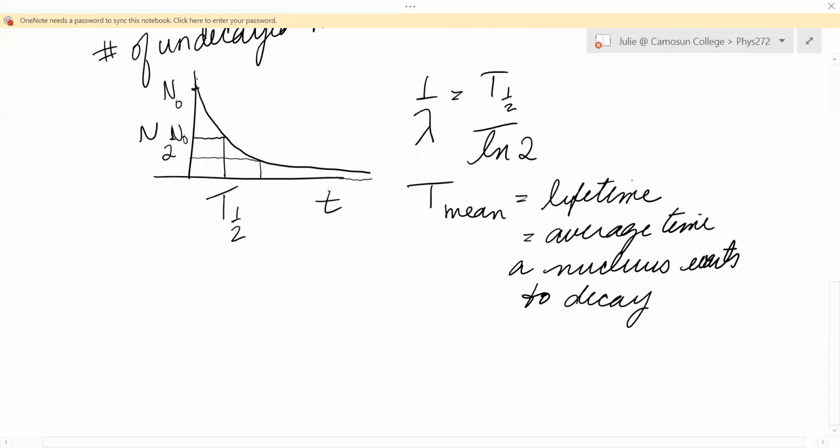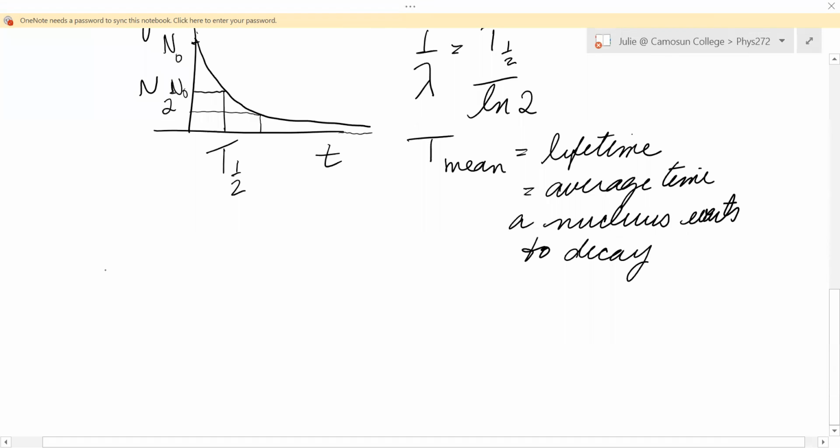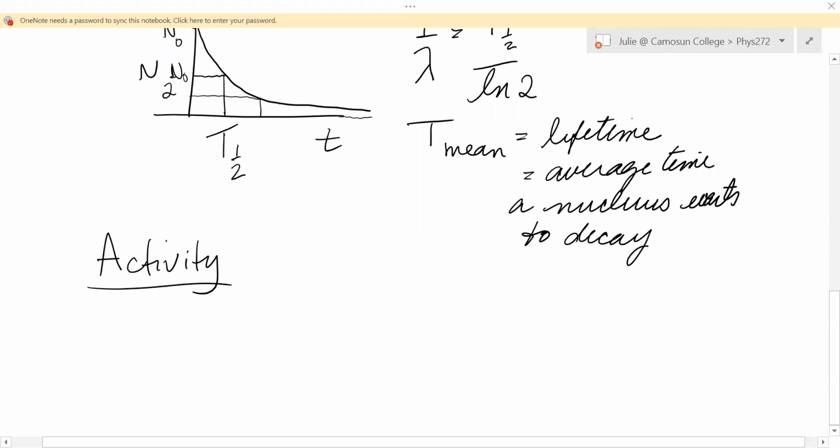Okay, now another quantity that's not on your formula sheet, but that you do need to understand is called activity. And this has to do with how radioactive a sample is. The higher the activity, the more particles it's spitting out every second. Unfortunately, it gets the symbol R in most textbooks, but it's not the R in the very first equation that had to do with the radius of a nucleus. This R is called activity.